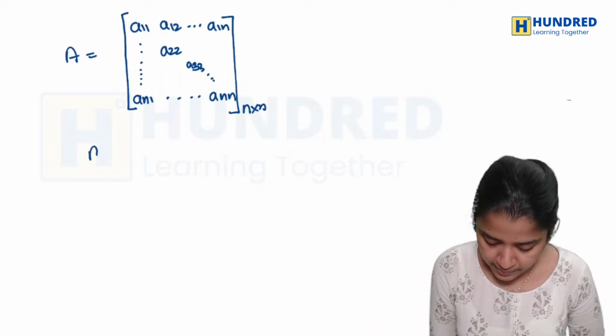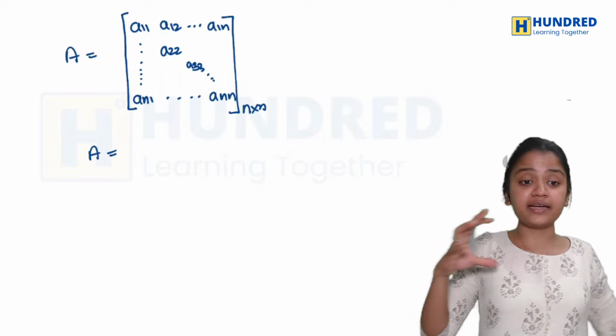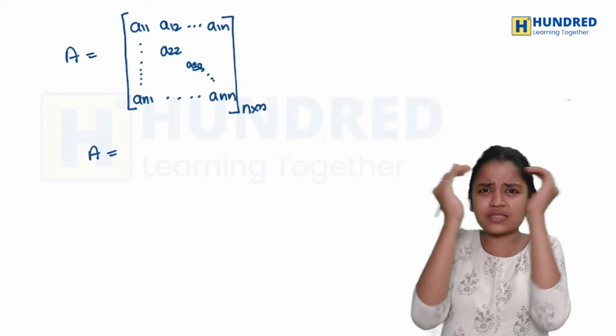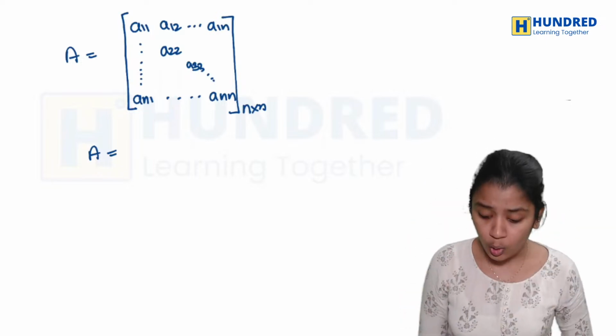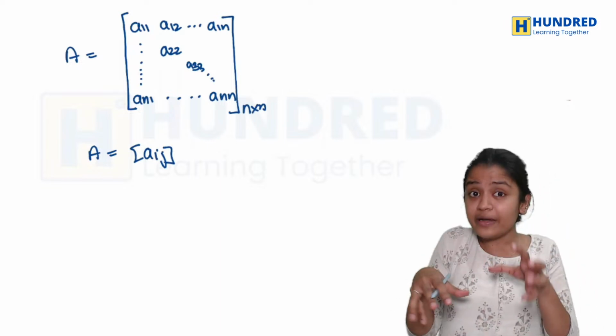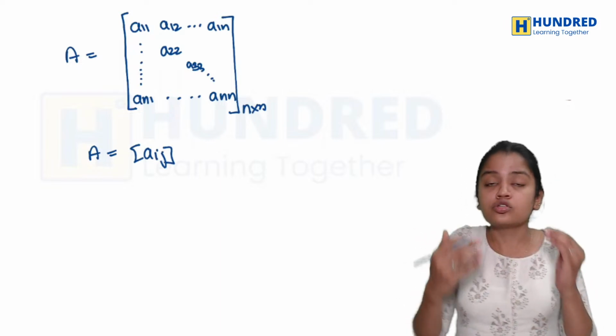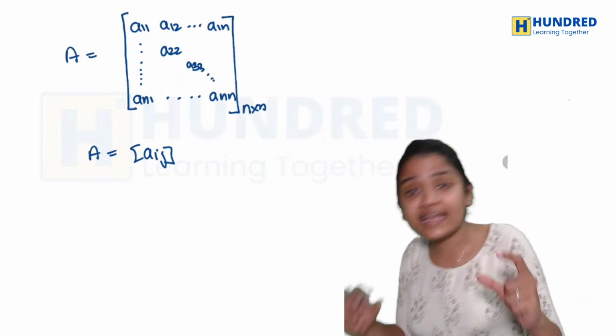So how can I write it? Basically I can write it as the whole bigger matrix, or I can represent it with a smaller thing, which is Aij. So the element inside it can be represented. So what are the main diagonal elements?